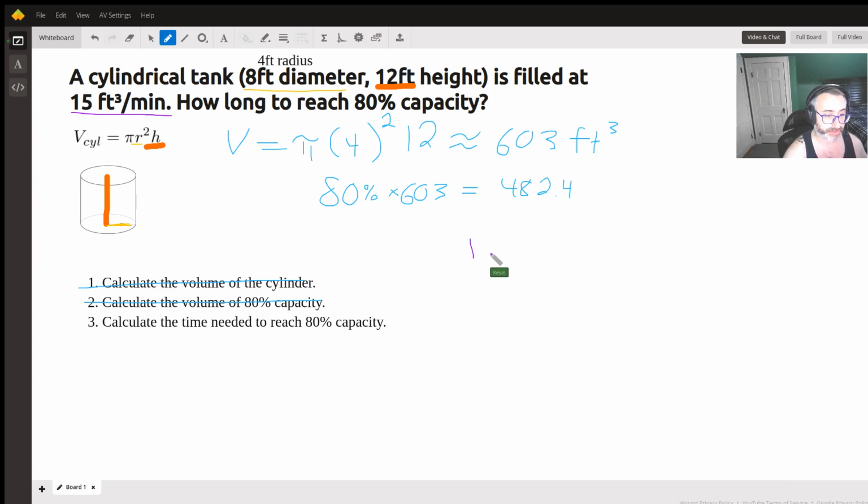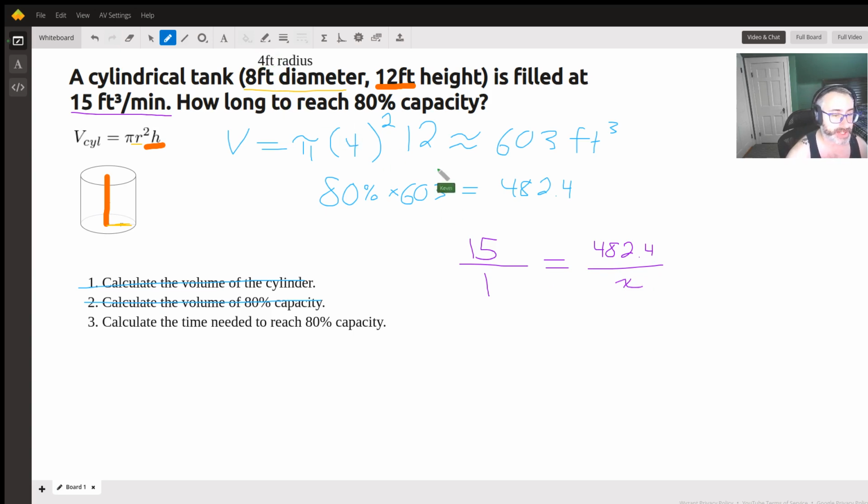We know the rate is 15 cubic feet for every 1 minute, and that's got to be proportional to our volume, 482.4 cubic feet, by some amount of time. I've now set up a proportion. 15 over 1 is equal to 482.4 over x.